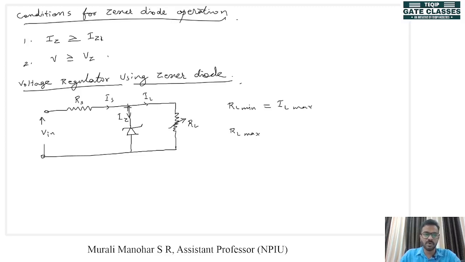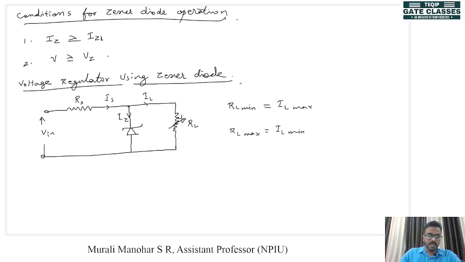The voltage cannot change, because the function of a voltage regulator is to maintain the voltage at a constant value. So the voltage across Zener will be VZ. When the voltage is the same, when RL is minimum, IL will be maximum. When RL is maximum, IL will be minimum. So this is one condition you should know about.